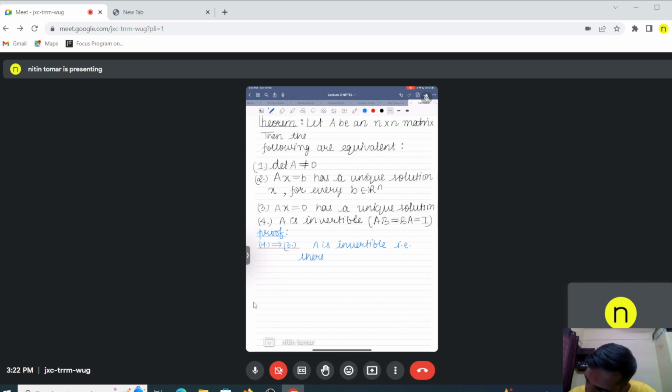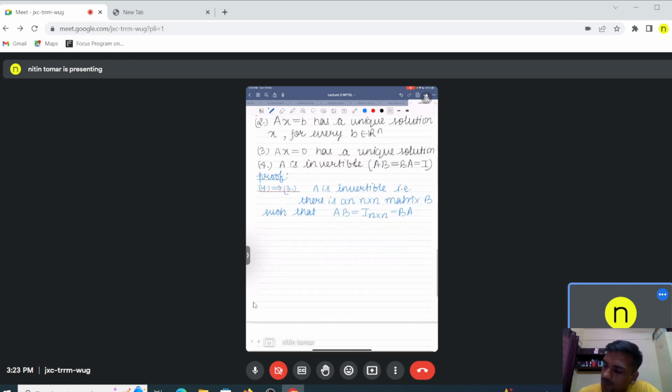If A is invertible, there is an n cross n matrix B such that AB is the n cross n identity matrix and it is the same as BA.